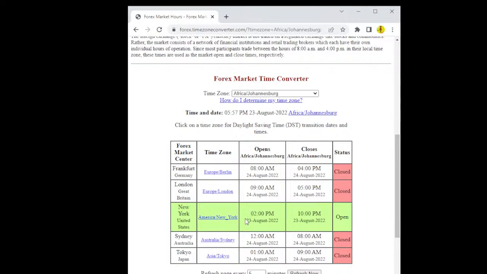At the top left it says Forex Market Center. This is just telling you which session is there. There's the Germany session, the London session, the New York US session, the Sydney Australian session, and the Tokyo Japan session. The ones that I focus on are London, New York, and Tokyo.